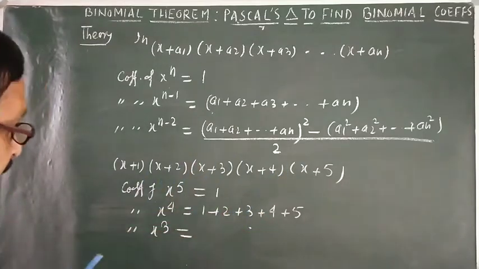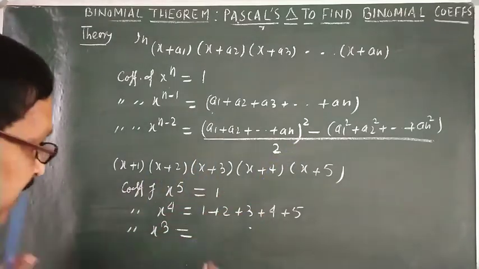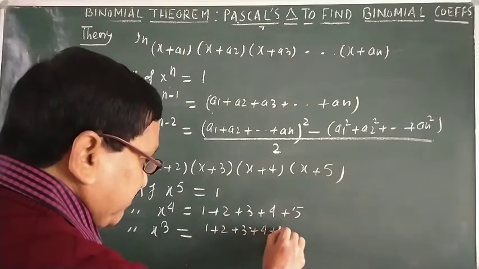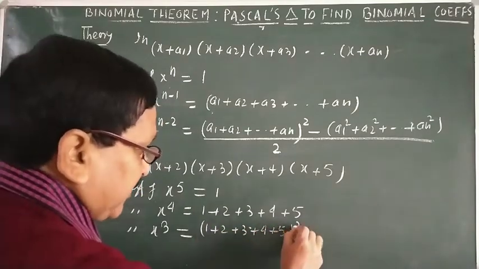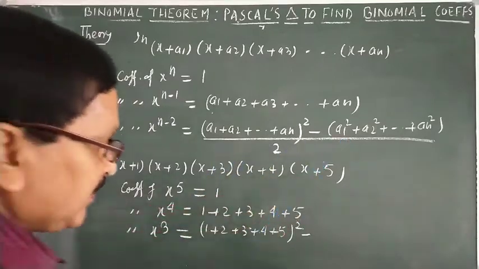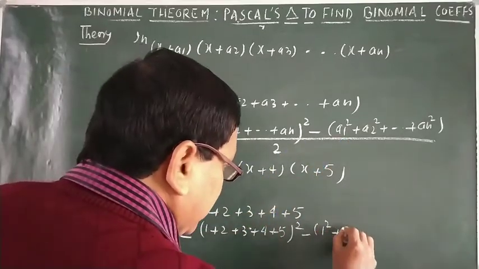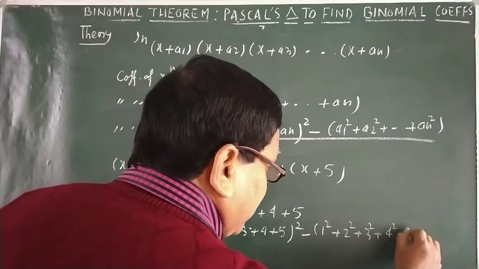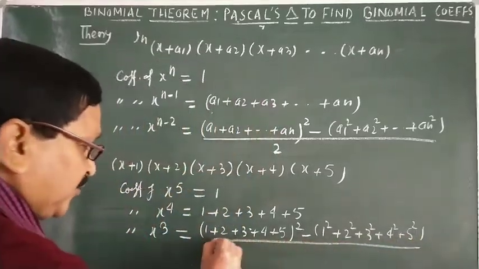Coefficient of x cube, very interesting. This is again a1, a2: (1 plus 2 plus 3 plus 4 plus 5) whole square minus (1 square, 2 square, 3 square, 4 square, 5 square), and whole divided by 2.